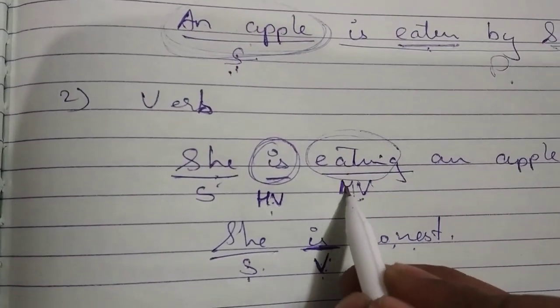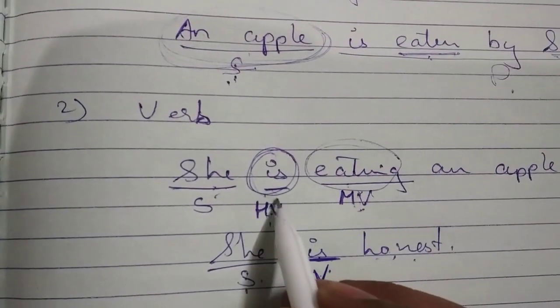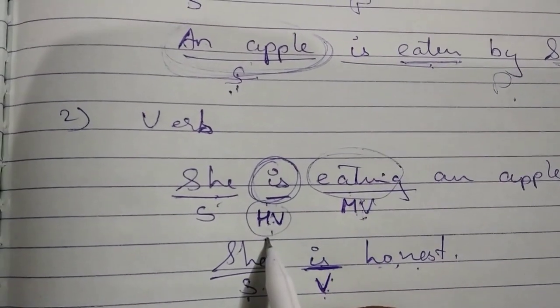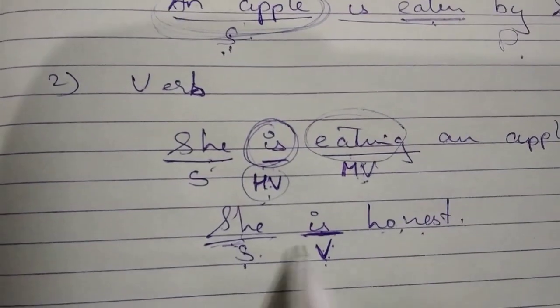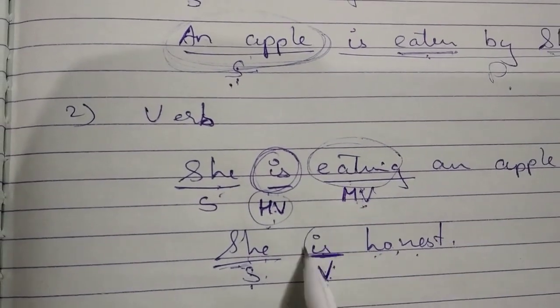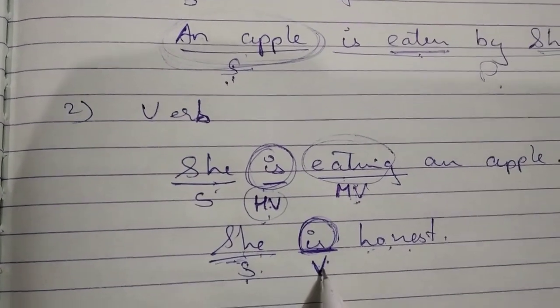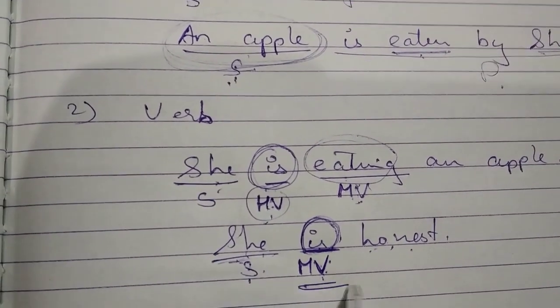If one main verb is there, then the auxiliary becomes a helping verb. If the subject is not doing any action, like in this example, then the auxiliary itself becomes the main verb. Clear?